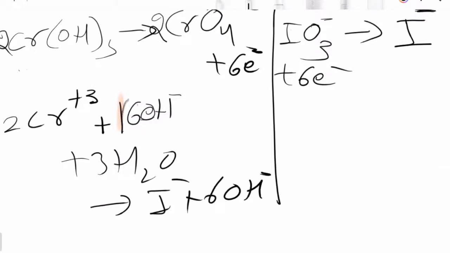And similarly, IO3 minus plus 6 electrons plus 3H2O gives I minus plus 6OH minus.